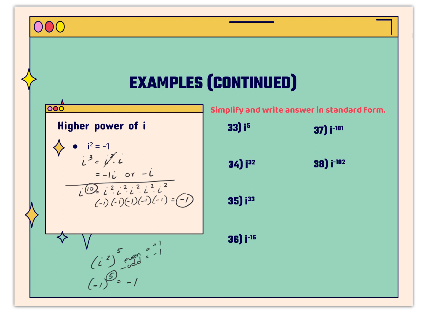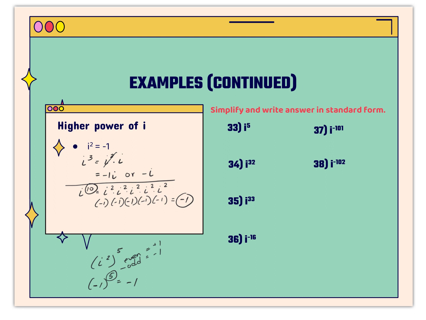So let's try to do some of these examples and I'll show you how I might do it. Now, i to the 5th. Here I've got i squared, but there's nothing I can really raise it to to get there, right? Because 2 times what is 5? I can't do that, right? So what I try to do here is break it up.